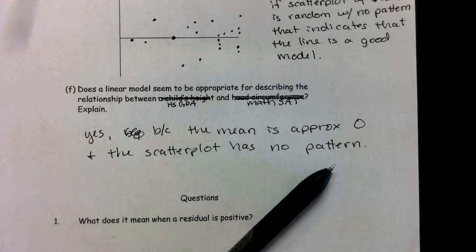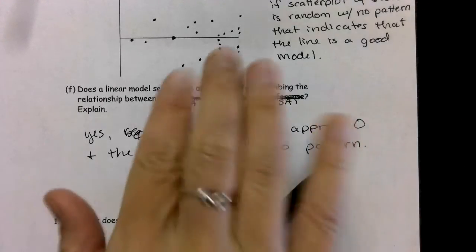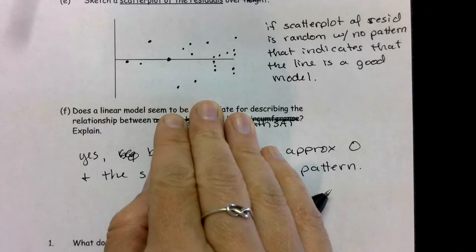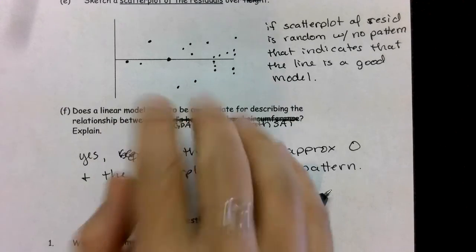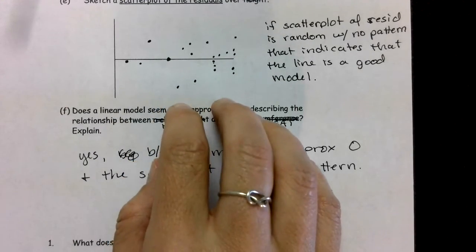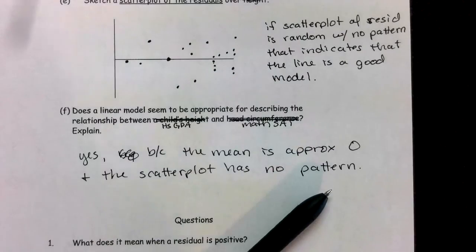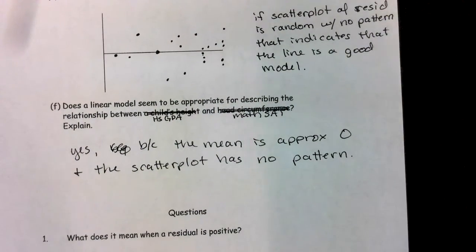And by pattern, I mean they form a straight line, or they look like a parabola; you will be able to tell when it has a pattern. Okay, this looks like I just dropped some confetti on a piece of paper. There is no distinguishable pattern. It's random. So that tells us that it is a good fit.